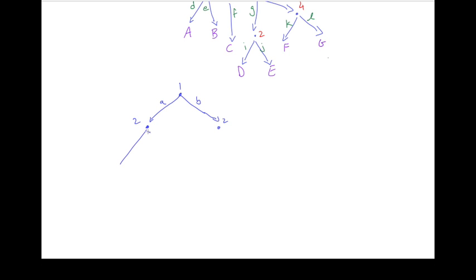Now, if we did the kind of thing we had in the previous game, then player 2 would choose between C and D here, and E and F here perhaps. Now this player can tell the difference between these two nodes.